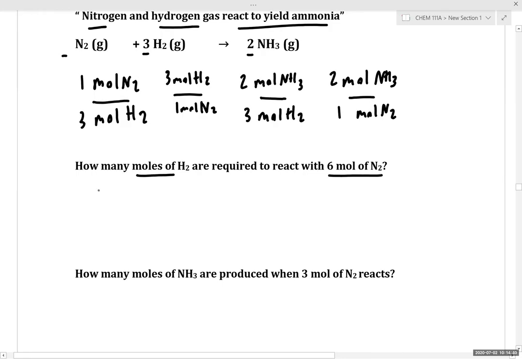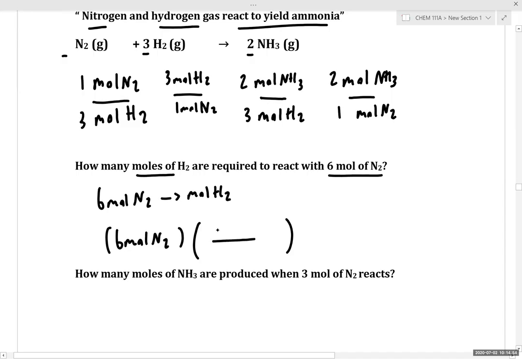Okay, so starting off, we're going with 6 moles of nitrogen, and we want to convert to moles of hydrogen. So if we're converting to moles of hydrogen, we're going to want moles of hydrogen on top and moles of nitrogen on the bottom to cancel.